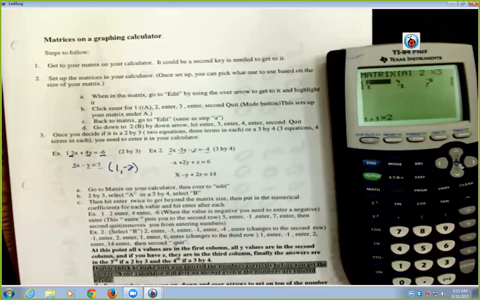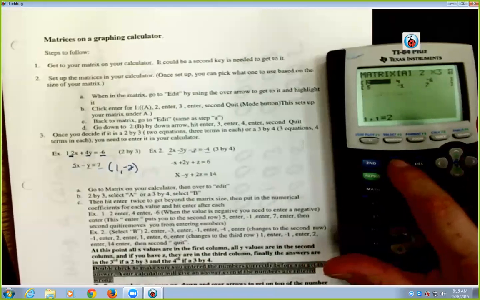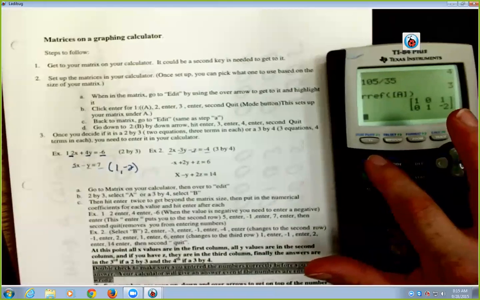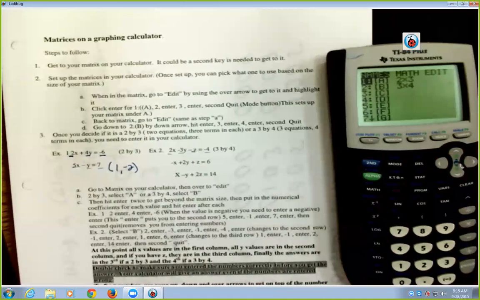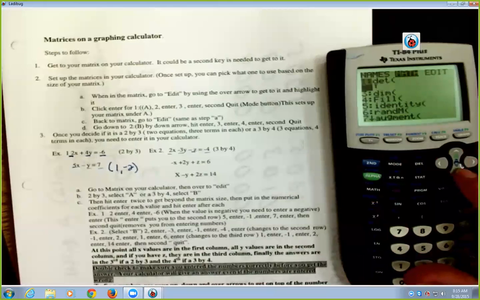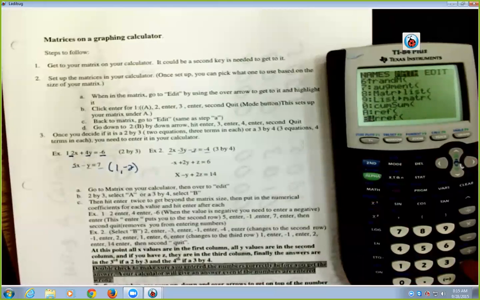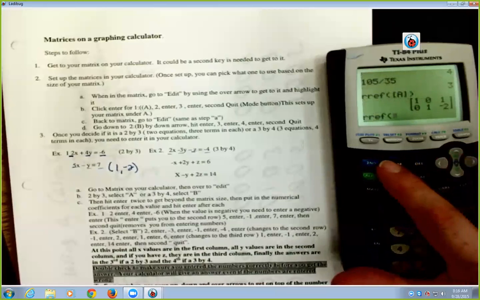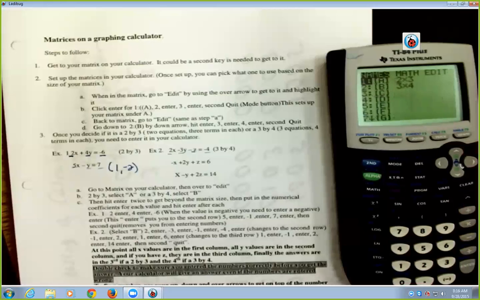So I put all my numbers in, double checked it, made sure I went down so it all matched. Did second quit. Then I did second matrix, over to math, down to B, hit enter, put it in place. Then I went second matrix again.